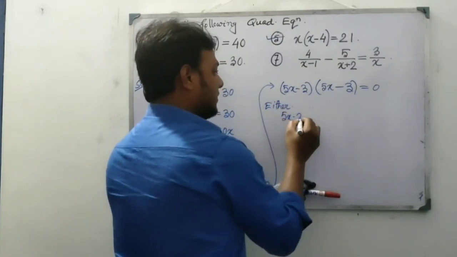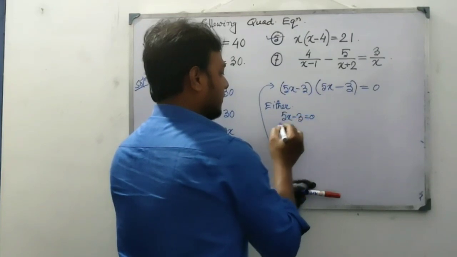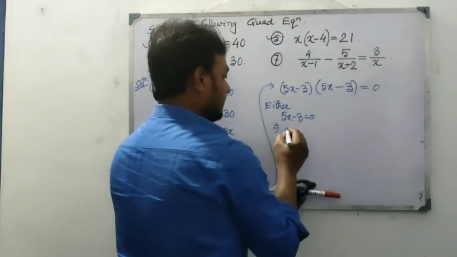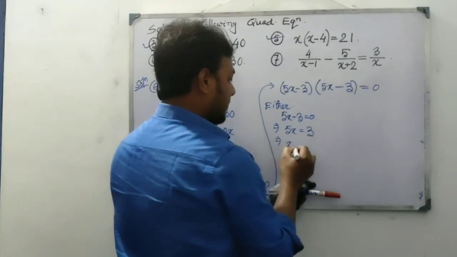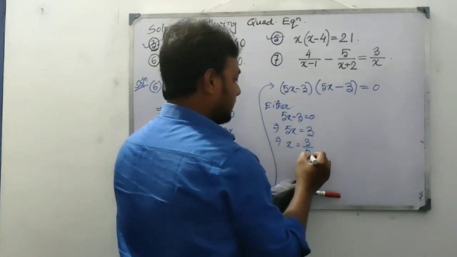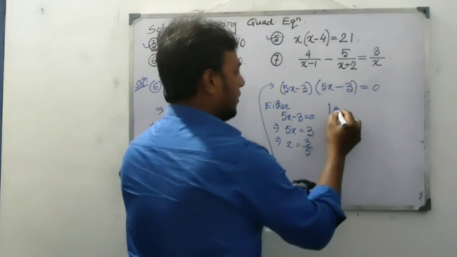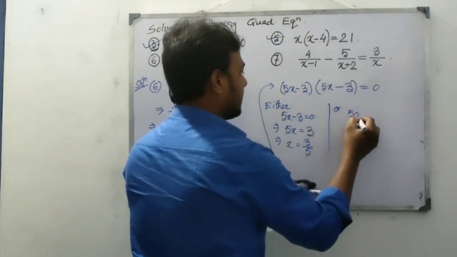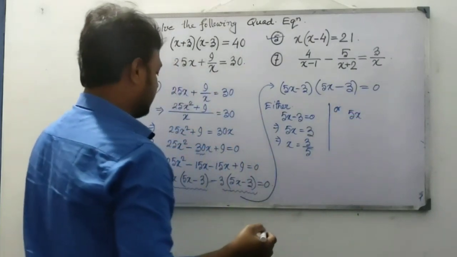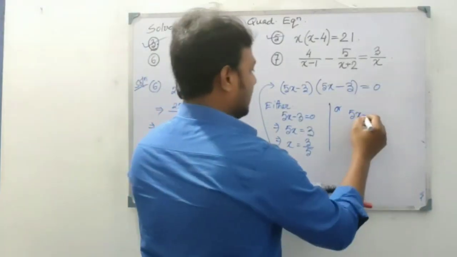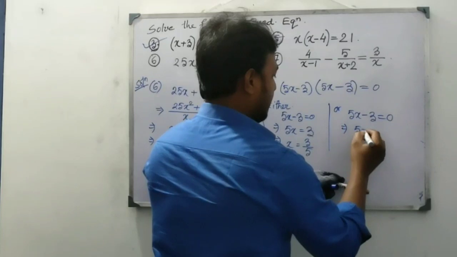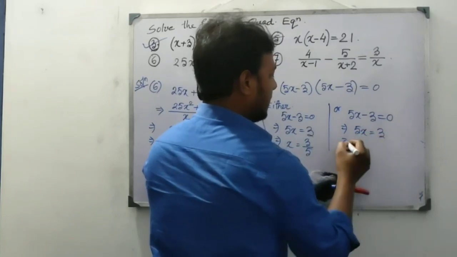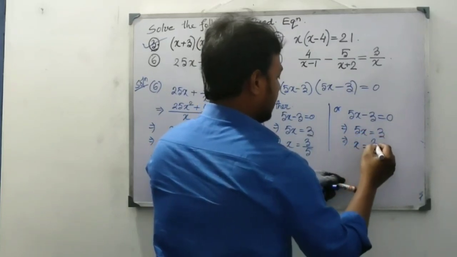Either 5x minus 3 equals to 0 implies that 5x equals to 3 implies that x equals to 3 by 5. Okay, and or 5x minus 3 equals to 0 implies that 5x equals to 3 implies that x equals to 3 by 5.